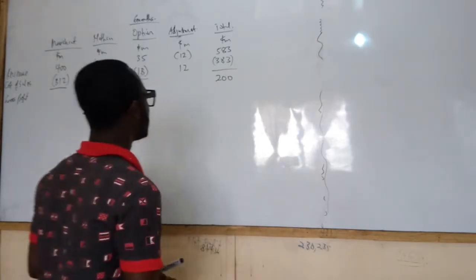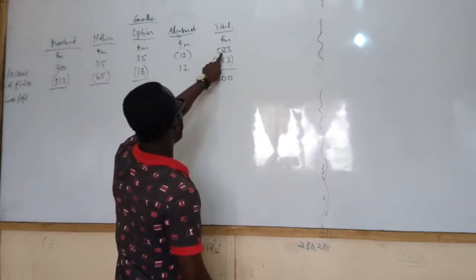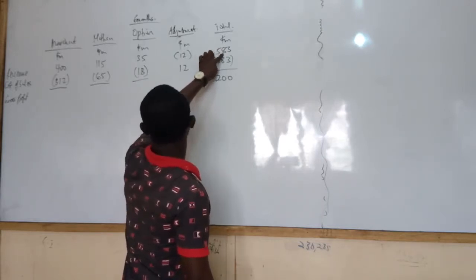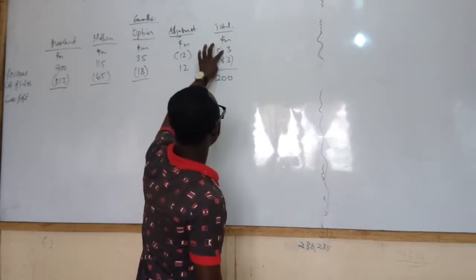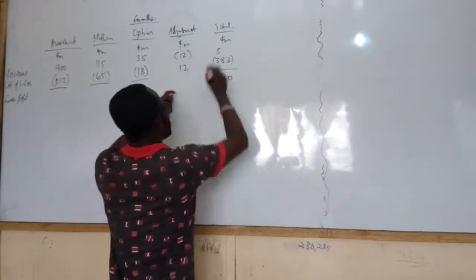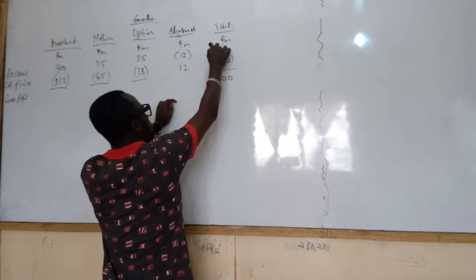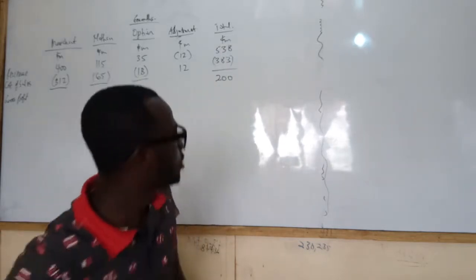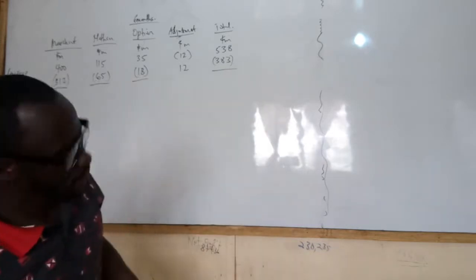Individual, Marchant. Did you say this figure was 538 or 58? Let me tell you, 538. Please, when I write, kindly see it, okay?